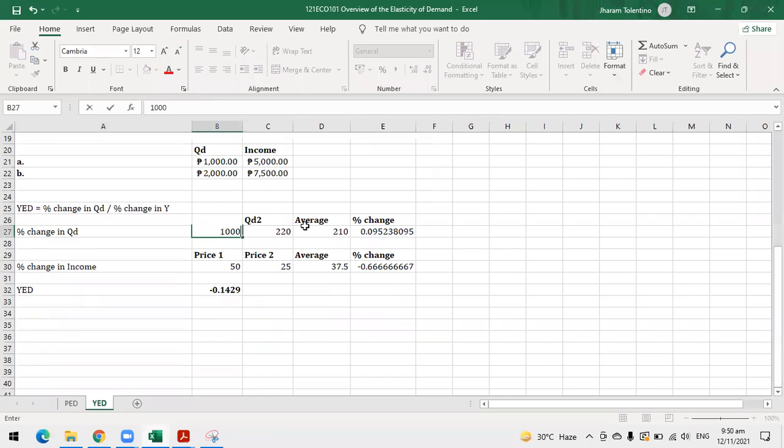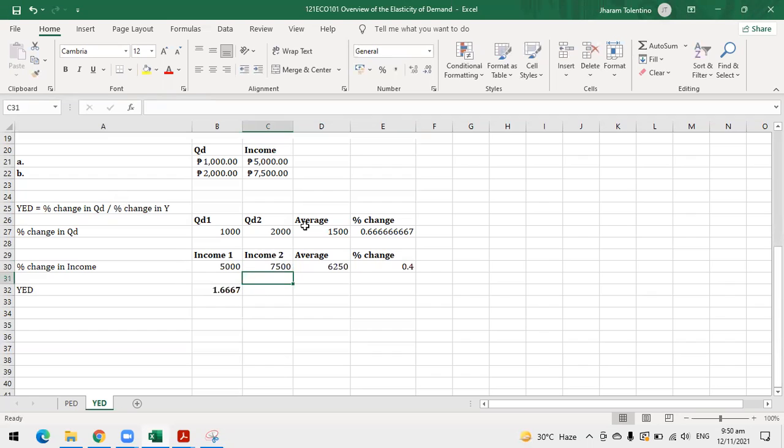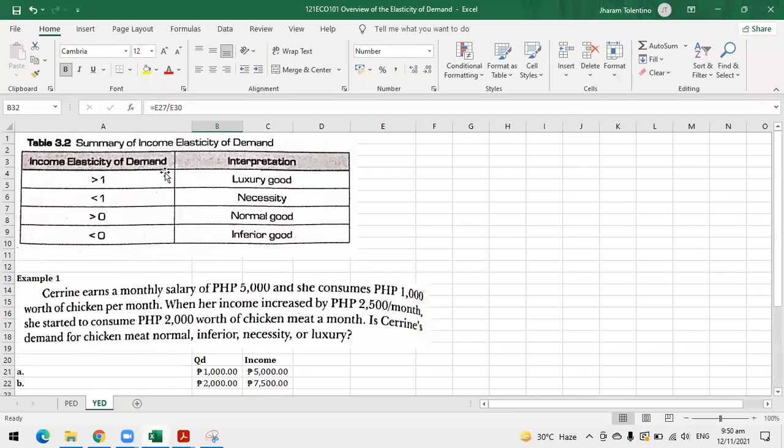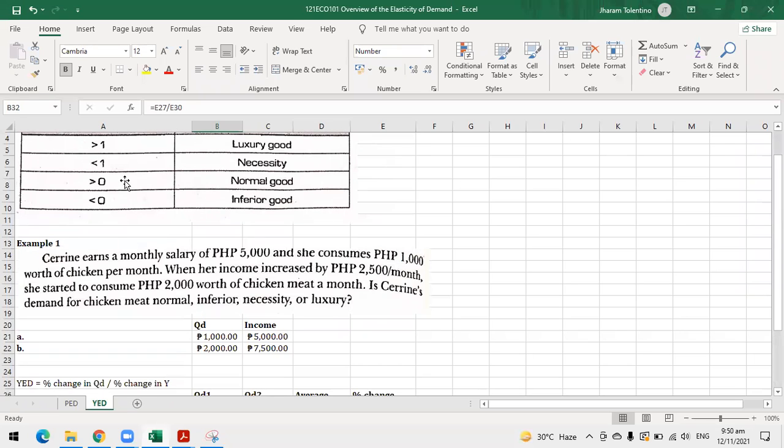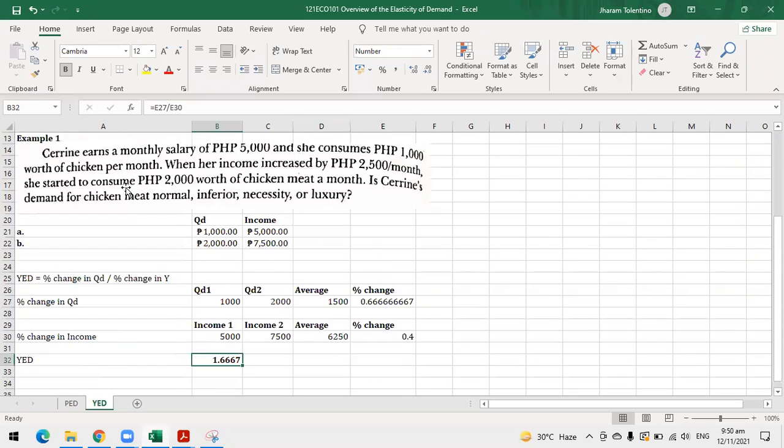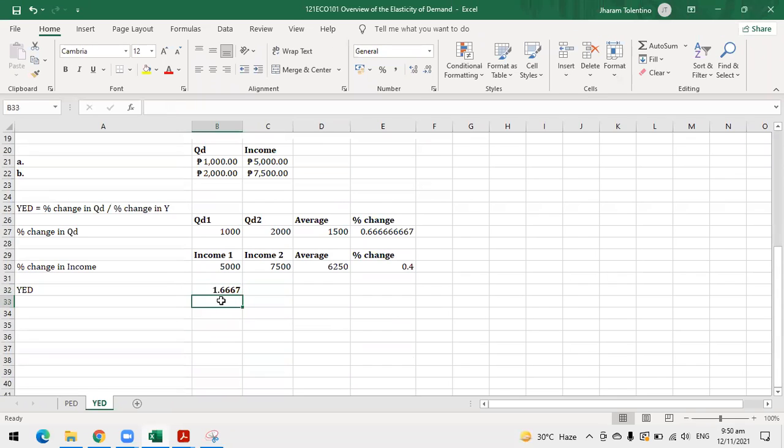Quantity demanded one, this case is in the form of peso. Okay, so peso na siya. And then for the price or income, so this income 1, income 2, get still the average ko. Ang padali lang. So 5,000, then 7,500. Yan. We have 1.6667. So wala tayong absolute value. Punta tayo dun sa interpretations natin. So is it greater than or less than 0? So greater than 0, it's considered a normal good.